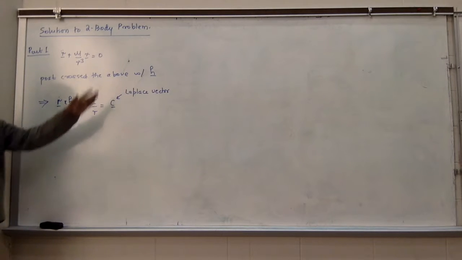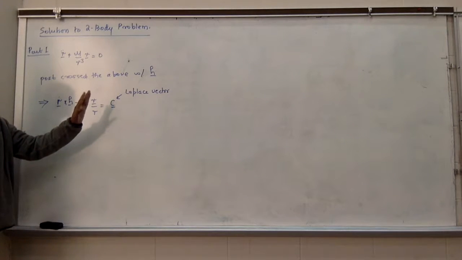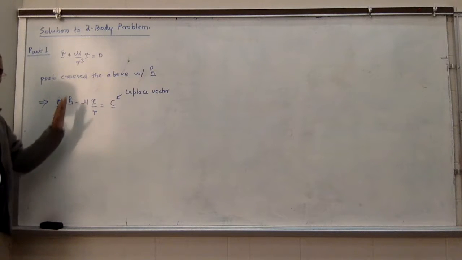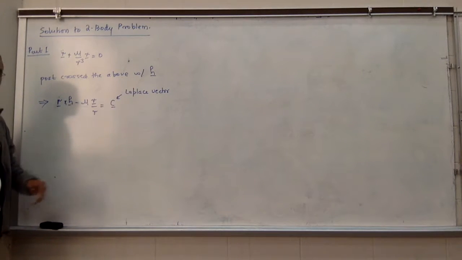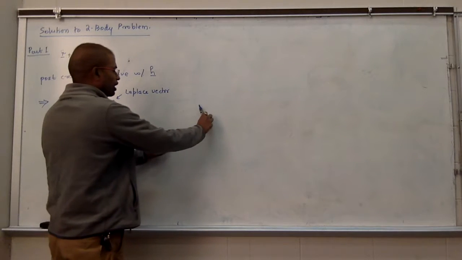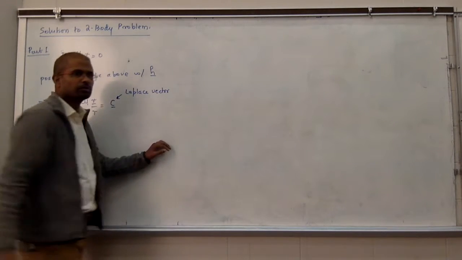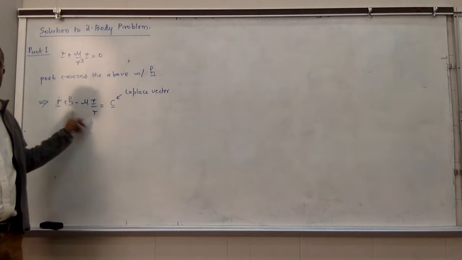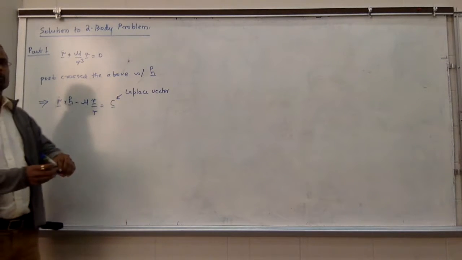R dot is on the board. If the board is the orbital plane, your R would be somewhere here, and R dot would be like this, right? Where's H? H is coming out.